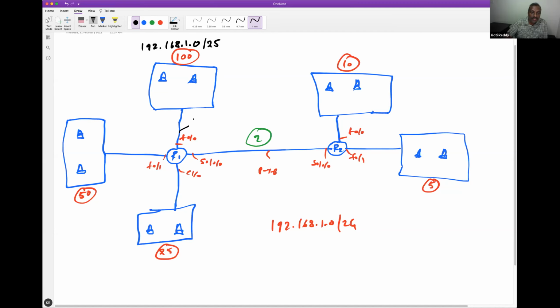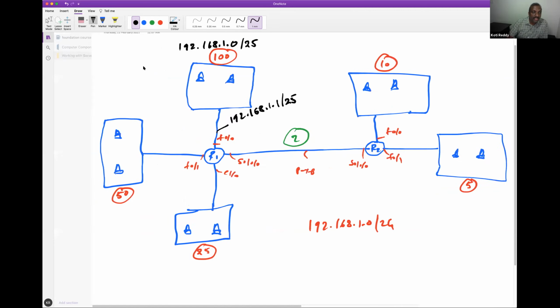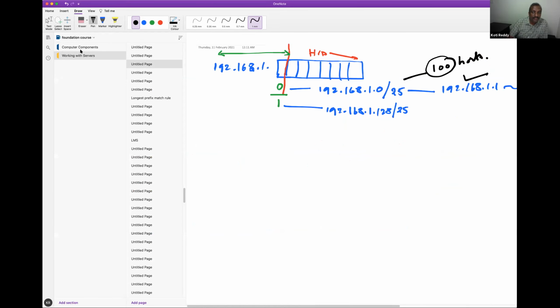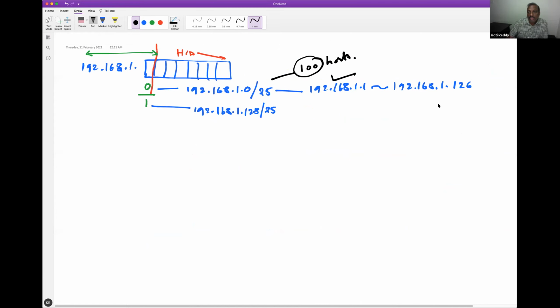I give the first IP address as 192.168.1.1/25. The range is 1.1 to 126. I need two IP addresses for the hosts here. Let us take 1.10 and 1.20. 1.1 also is right. So let us take two IP addresses here.